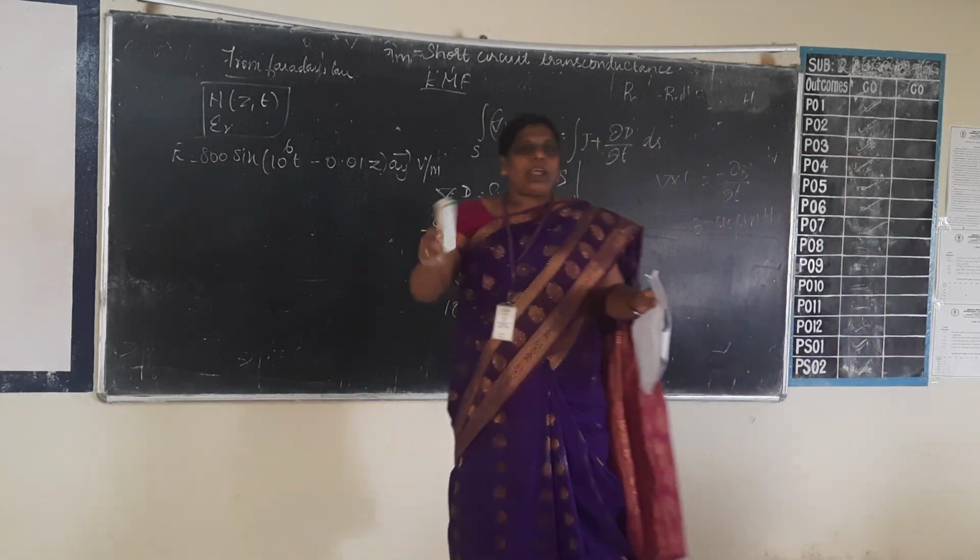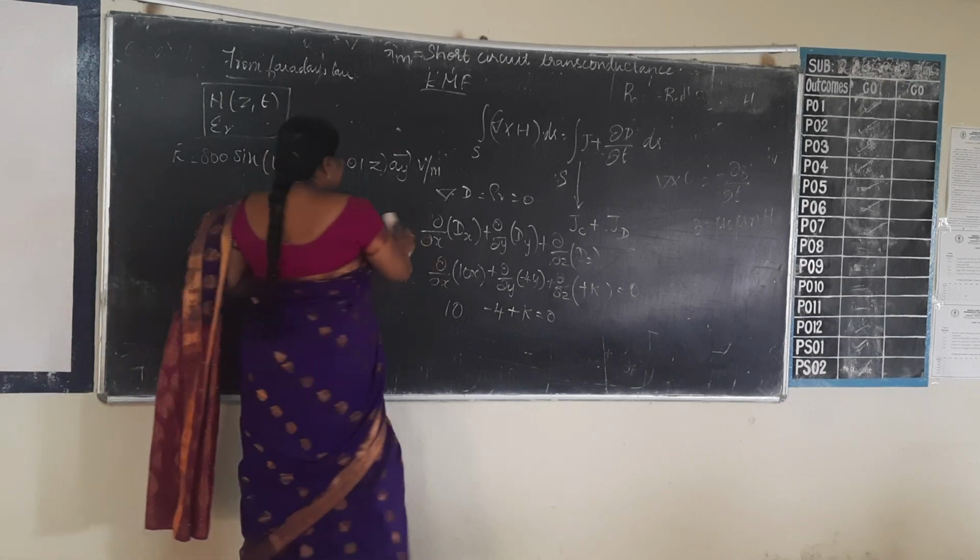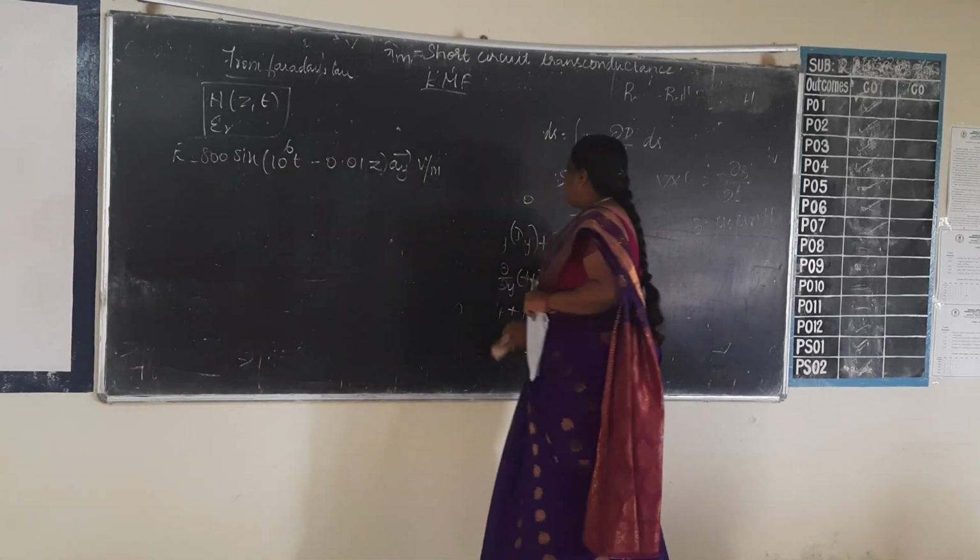Let us find out H first, and then I'll go for epsilon r. Take down. Del cross E. First, let me find out del cross E.